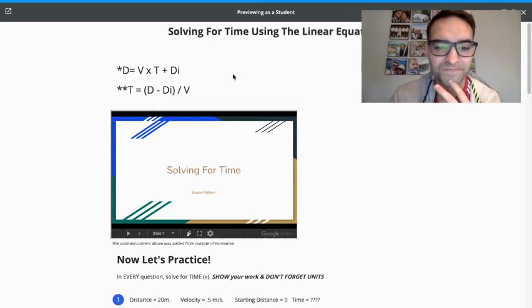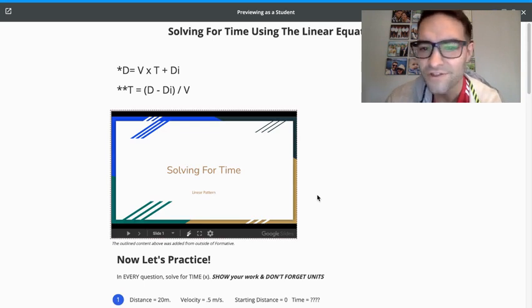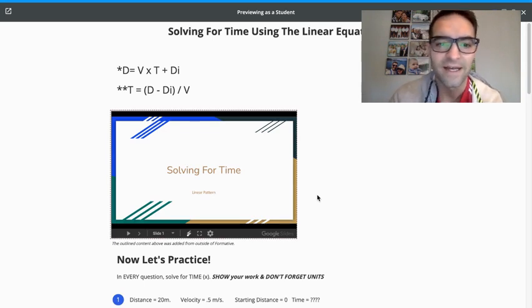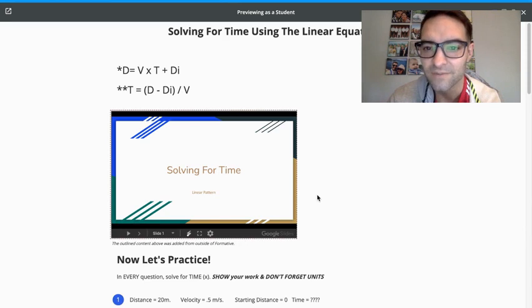So, solving for time. Another scenario would be: grandma lives 30 miles away, and you are on the highway going 55 miles per hour. How long would it take to get to grandma's house? We can answer that question by using our linear equation.